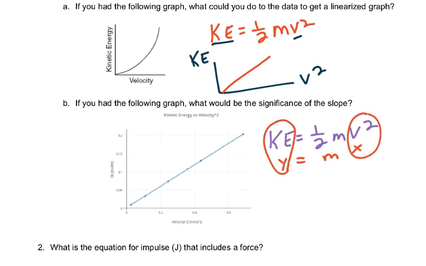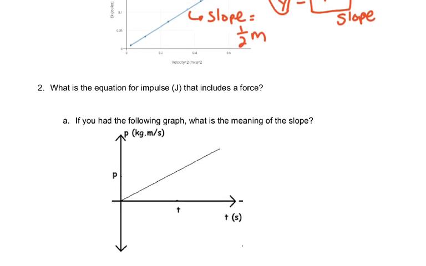So y, x, here's my slope. So my slope to this graph would equal 1/2 of the mass of the object. So thinking about those things, whether you take the area under the graph or the slope of the graph, you can look at the equation.